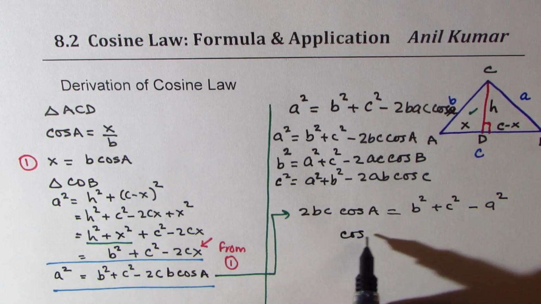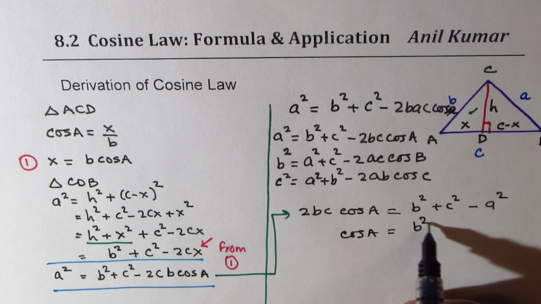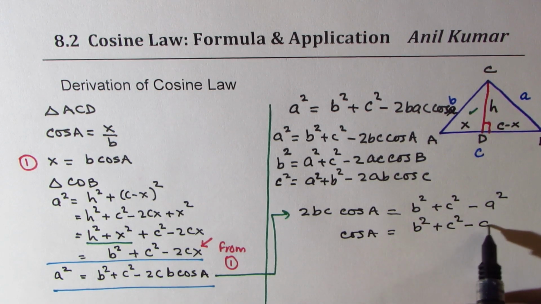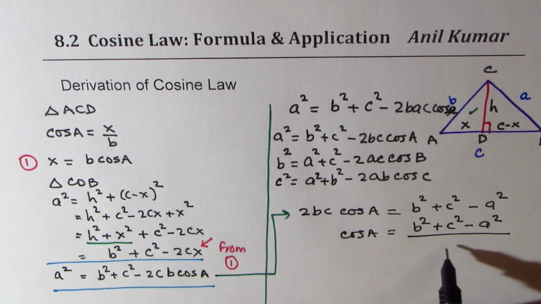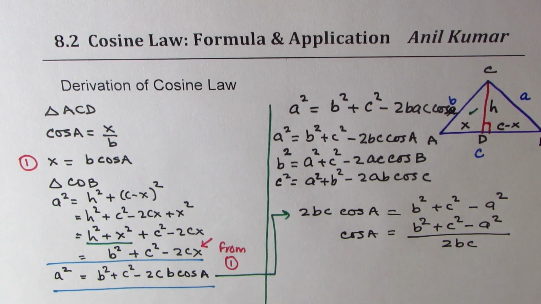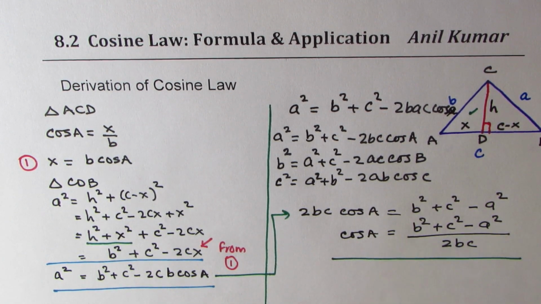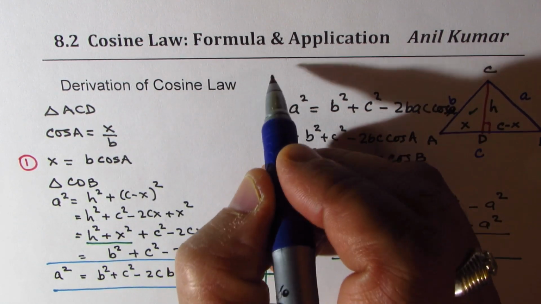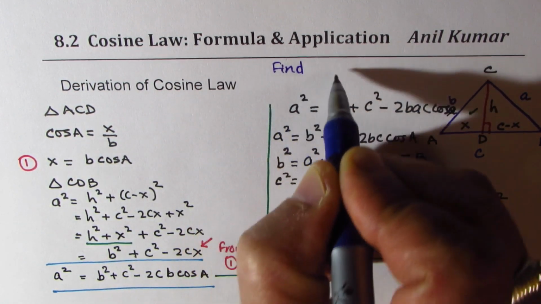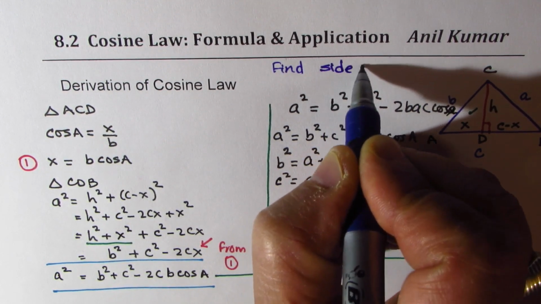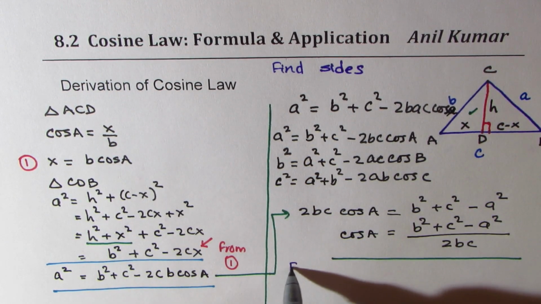So we get cos A equals b square plus c square minus a square divided by 2bc. Now this is a very important formula since we can now find the angle. So we have derived cosine law in two ways, with two formulas: one to find sides, one to find angle.